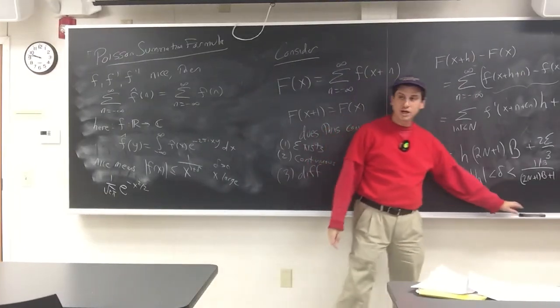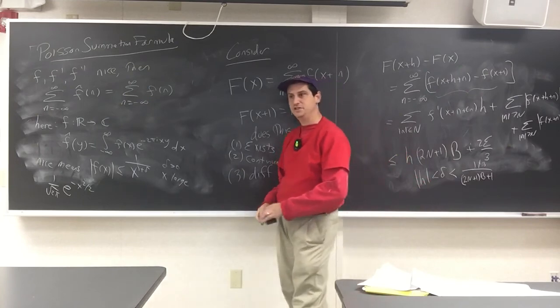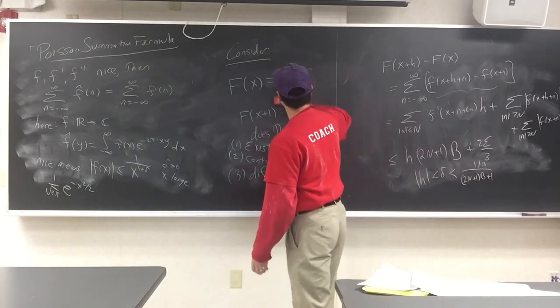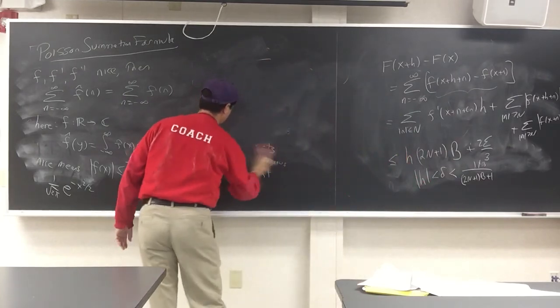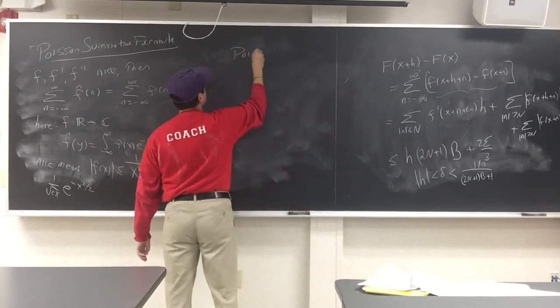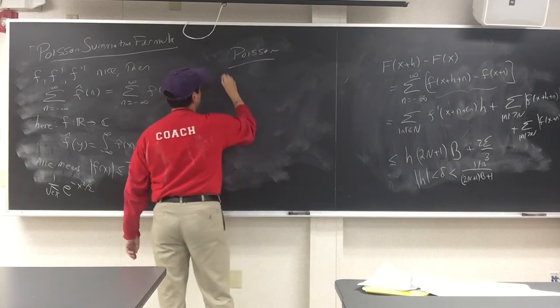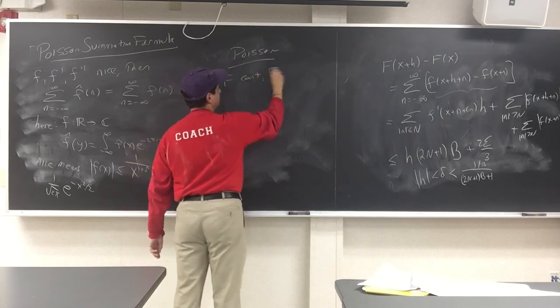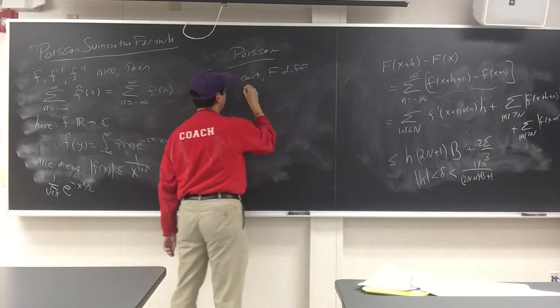All right, so now we know that our function exists, and our function is differentiable. Everything is good. So now here is the proof of Poisson. So f is continuous, f is differentiable, f is periodic.